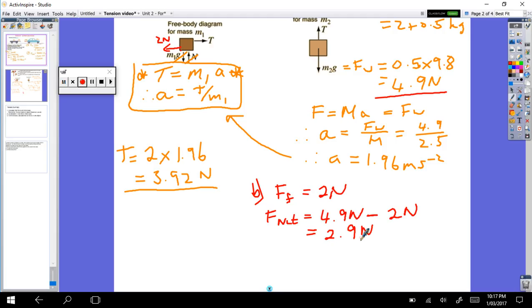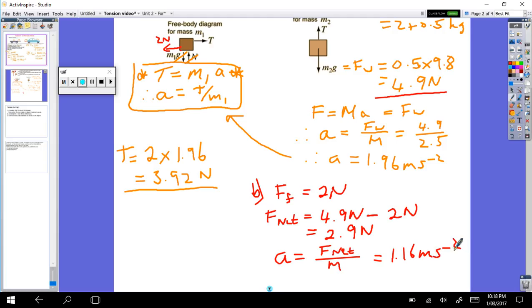Now we know that F equals ma, so the acceleration is going to change because we've got this frictional force. So acceleration is going to be F net over capital M, the total mass, which is going to be 1.16 meters per second squared.